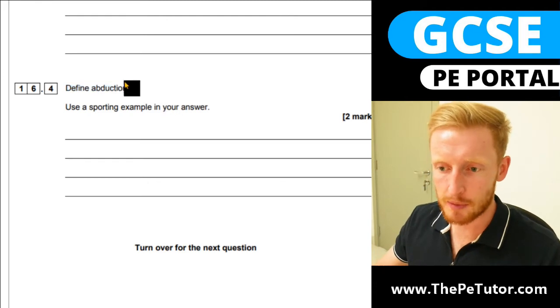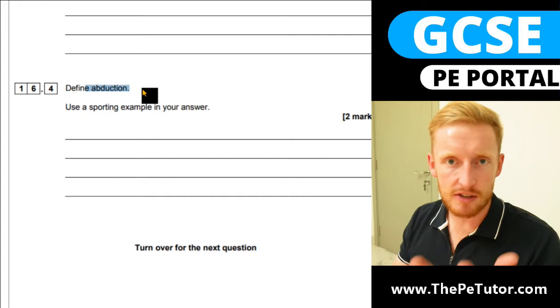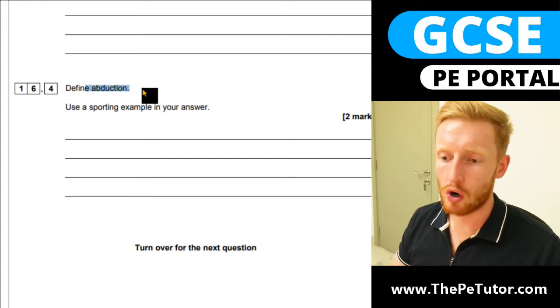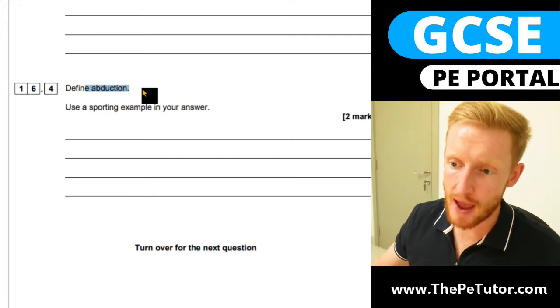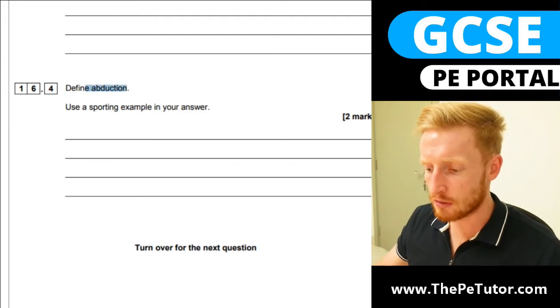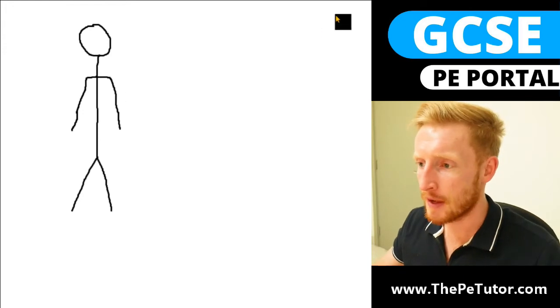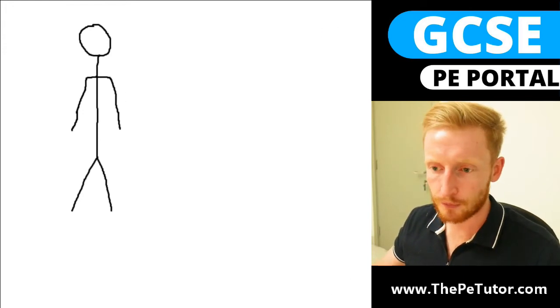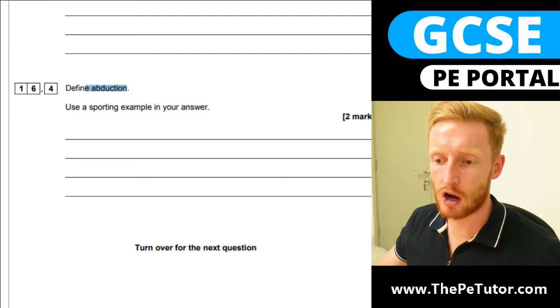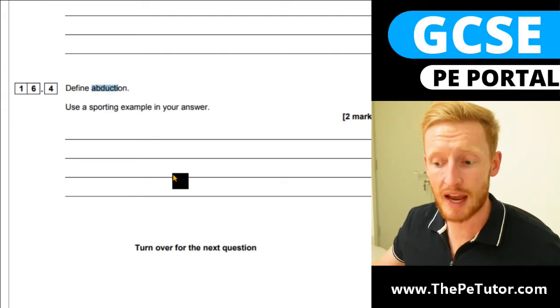Now this one is asking about abduction, and like most movements, we do have pairs of movement actions that work together. And we'll cover the partner in a second. But for abduction, I'll quickly jump into the whiteboard, and I've got a stick person on the screen here. For abduction, what we need to be thinking about is the first half of that word, abduct, well, that means to take away.